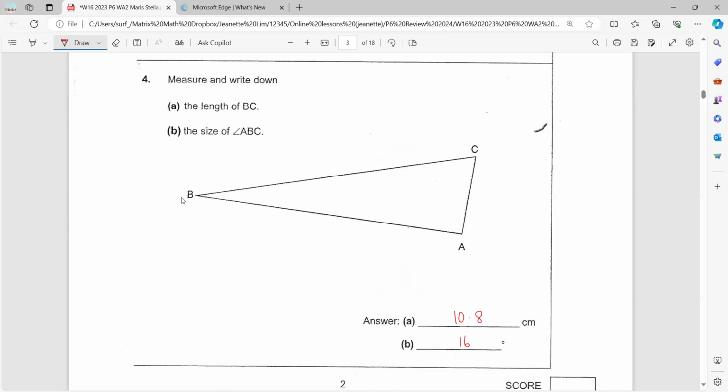So if you're getting anything more than 100 degrees, you're probably using the wrong scale. Okay, so in a protractor, your middle point should be at B. And then when you read off, it should be reading off 0 first. And then you read up. Okay, use the scale that starts with 0 on this AB line.